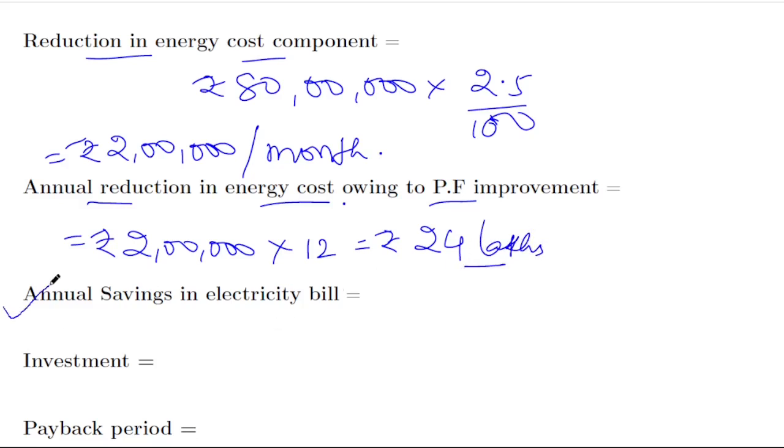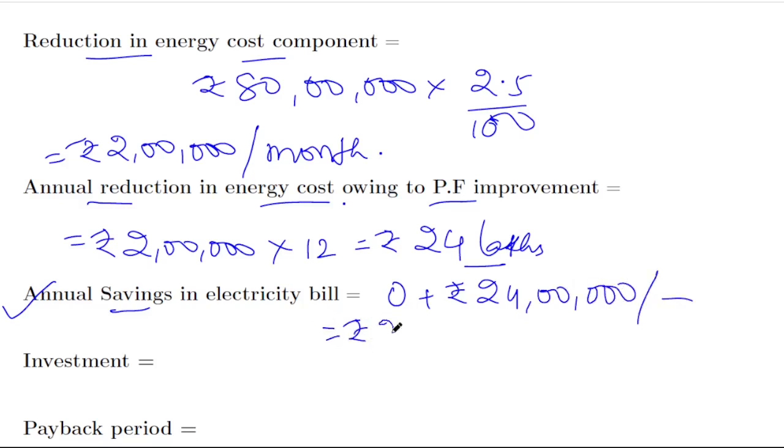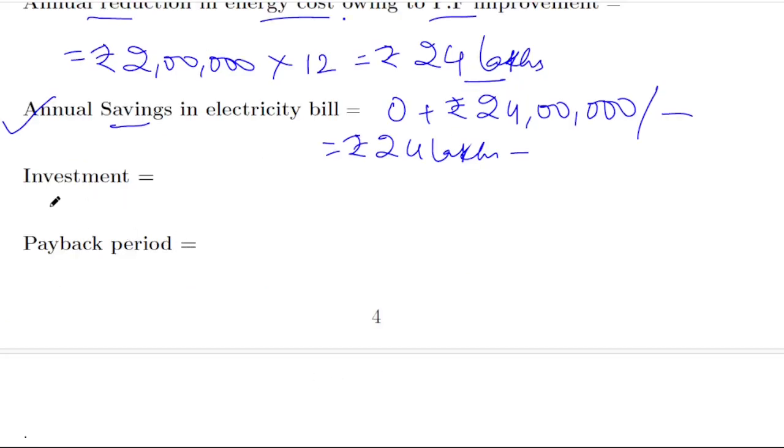Now let's find out the annual saving in the electricity bill, which is equal to 0 plus rupees 24 lakhs, which is equal to rupees 24 lakhs. Our investment is the cost of the capacitor, that is rupees 7 lakhs 50,000.